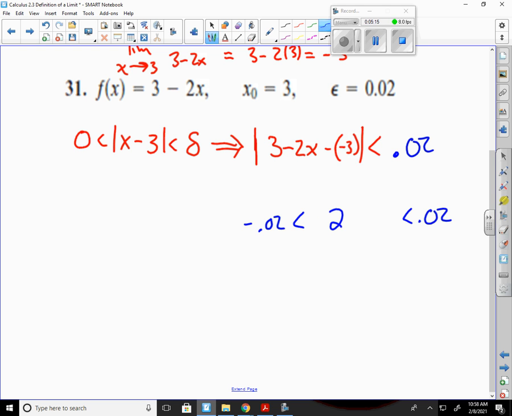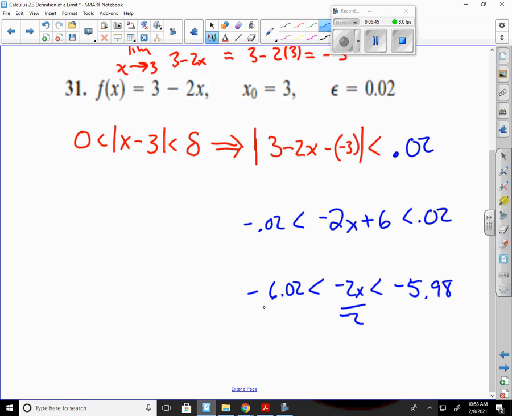So this is negative 2x plus 6. Now I solve for x. Subtract 6 from everywhere. This gives me negative 6.02. Over here, this gives me negative 5.98.